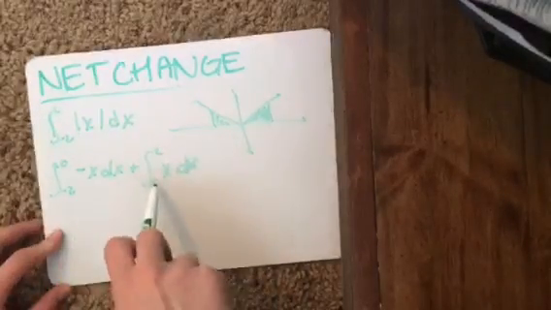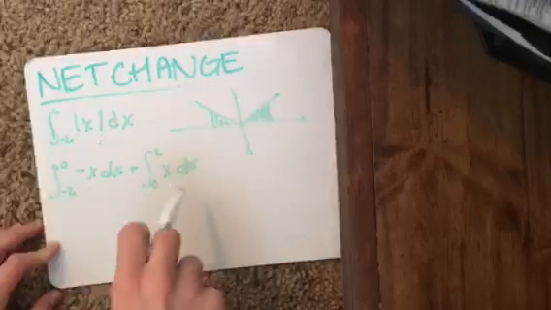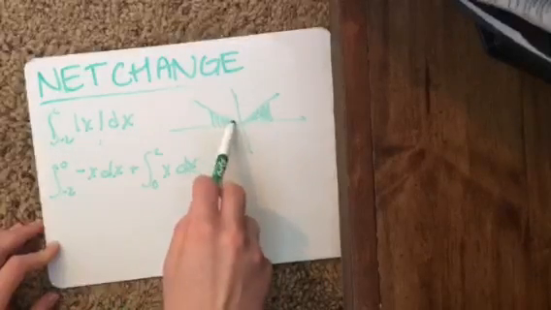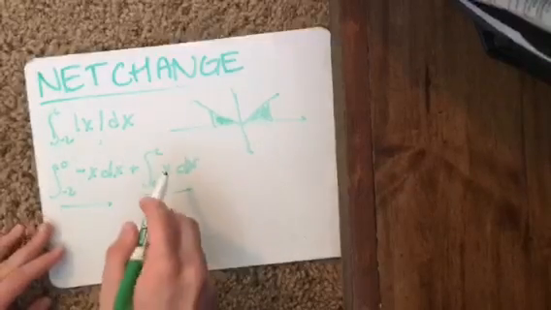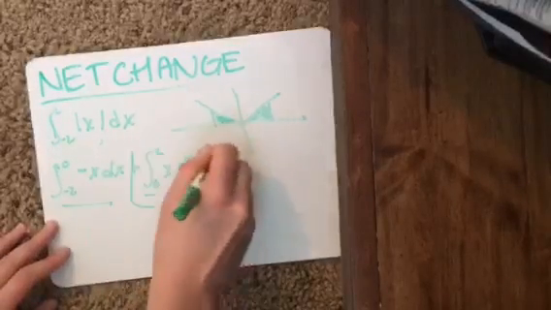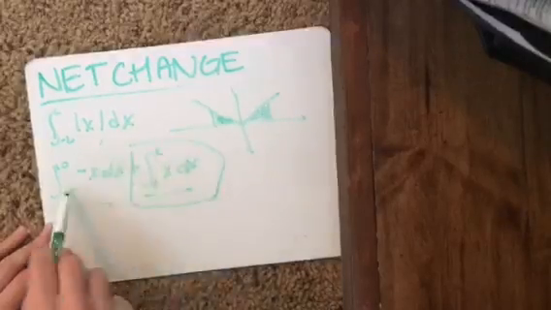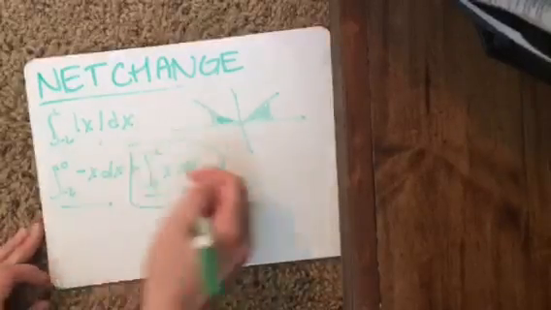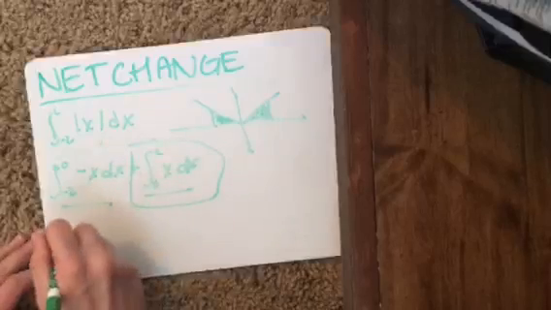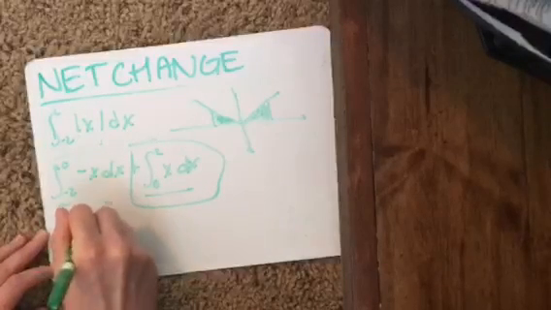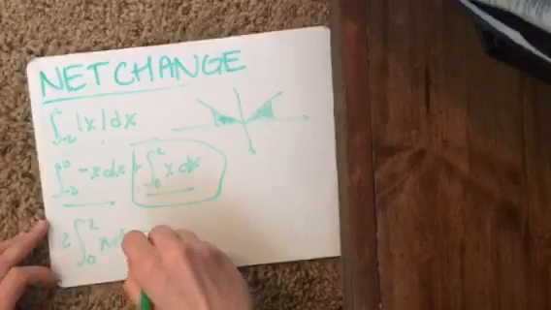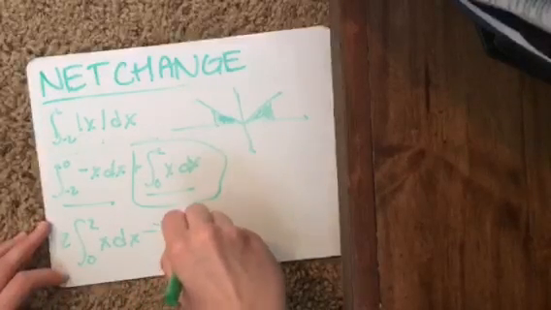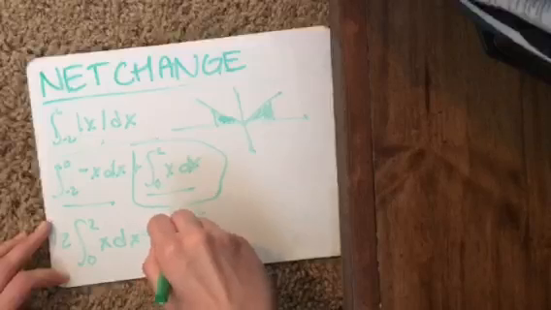Now both of these added up are going to be equal to this. But what we also know from right here, that it's an even function, is that this is going to be equal to this. So we can just take one of them, and I'm going to use this one because it's much cleaner. There are no negatives to deal with. And you multiply it by 2 and you can get this value. So we'll do 2 times the integral from 0 to 2 of x dx, and you plug that in, you're going to get x squared over 2.